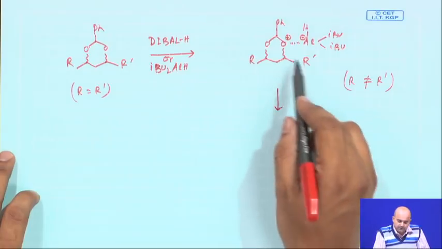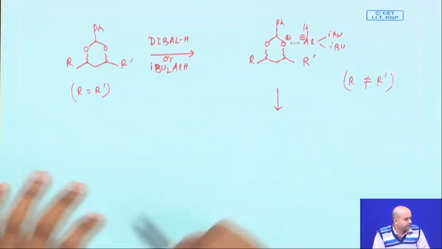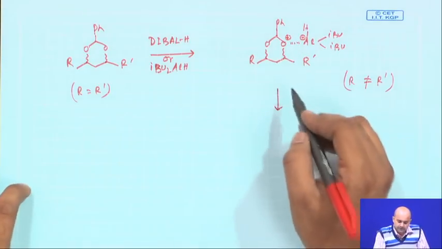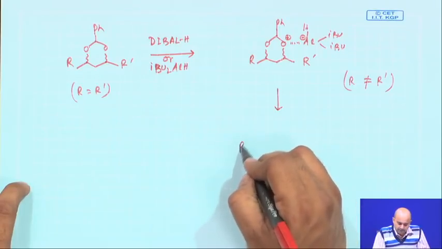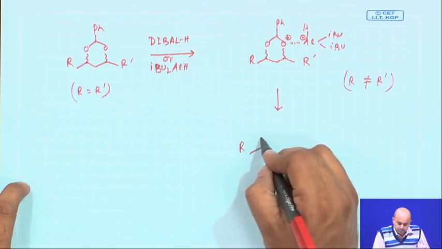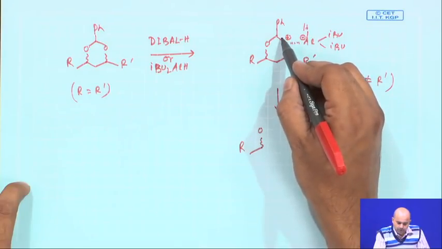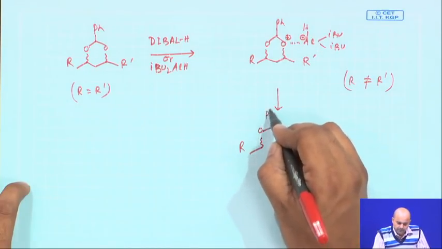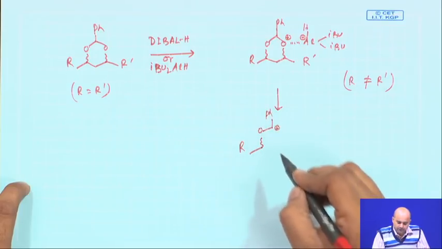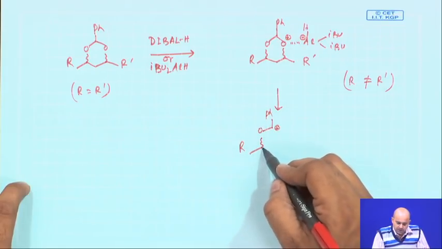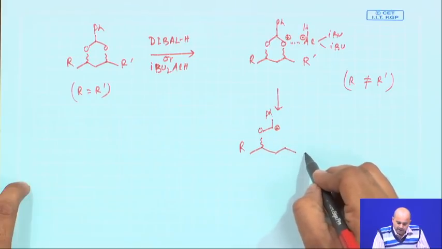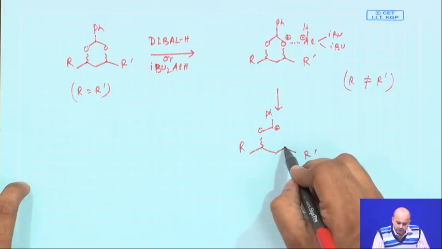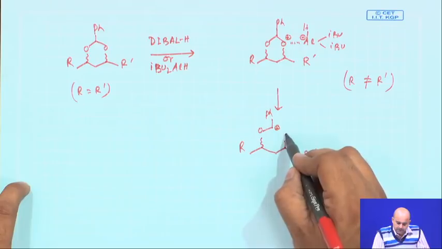Now, once this initial coordination takes place, next this particular bond is polarized, and you will find that it will open up in this way to give you a benzyl kind of cation. Now, as all of us know, benzyl cation is quite stable.